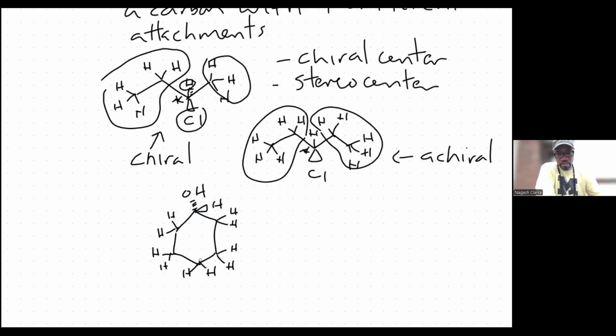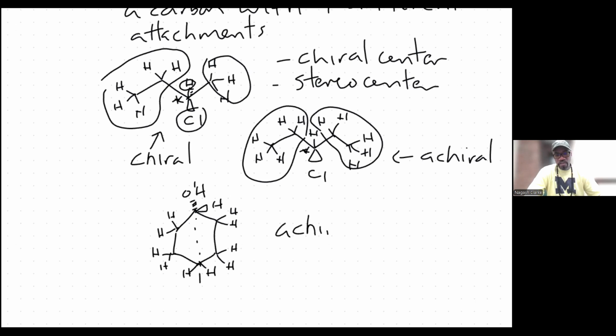Because they have 2 hydrogens, so that will count as not being chiral. But let's look at this one right here. It looks like it could be because it has an OH and an H, but if I go on this side, I have a CH2, keep going, CH2. So no matter where I go on the ring, the left side looks exactly like the right side. This is also achiral.